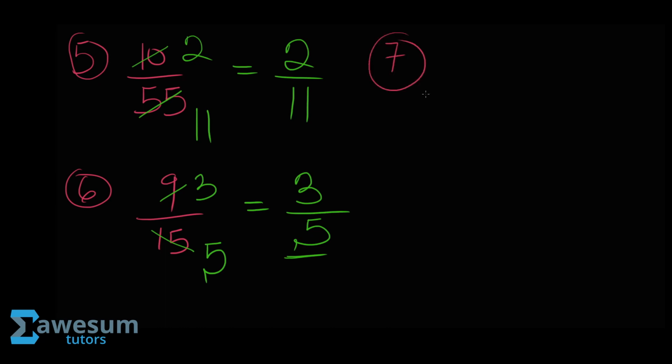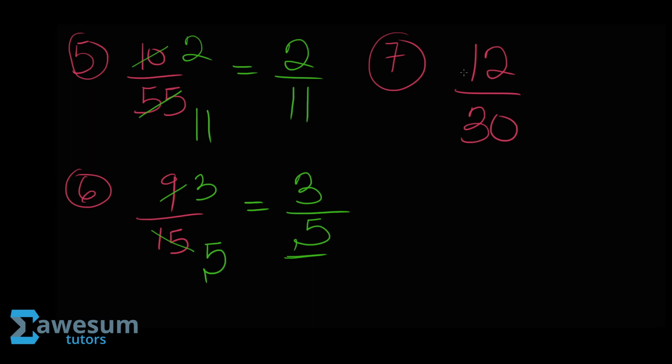Let's take another example. 12 over 30. If you take note of this example right here, 2 can divide 12 and 30, right?